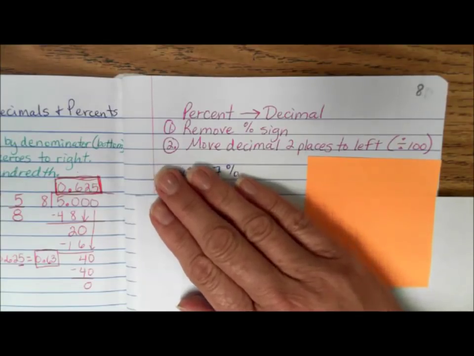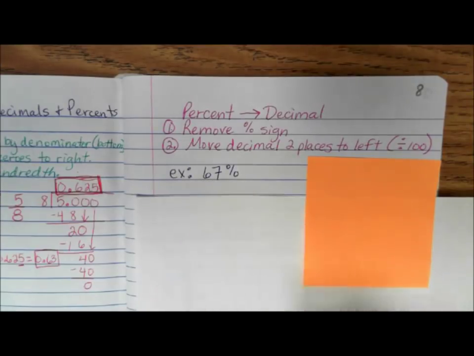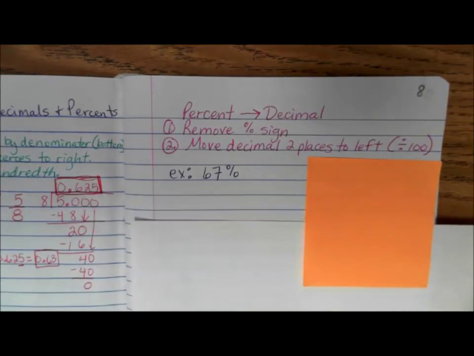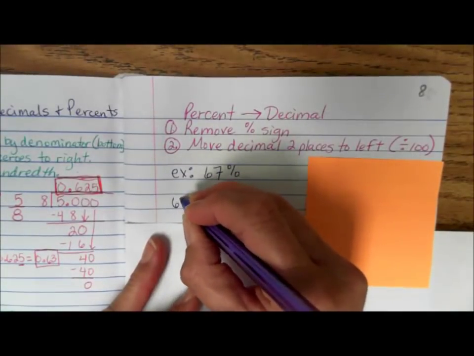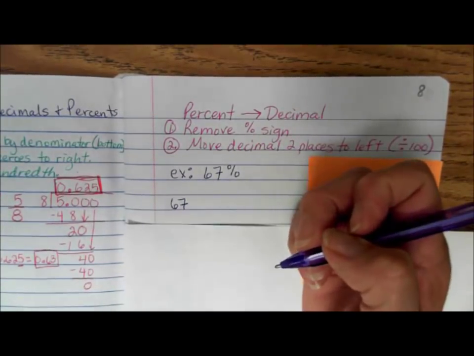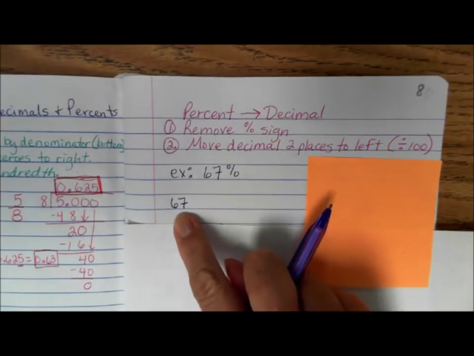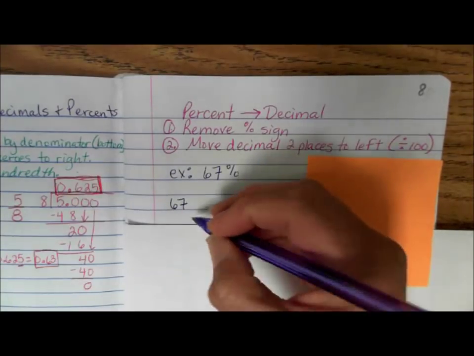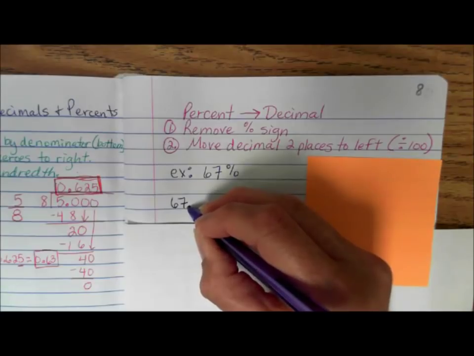Okay? All right, so let's do the first example together. So 67%. I'm going to take that percent sign off, and I'm going to rewrite that as 67 with no percent sign. Now it says move the decimal. I don't see a decimal here, but it's a whole number. So what do we know about decimals and whole numbers? The decimal is always to the very right side. If that was $67, that decimal would go right there.